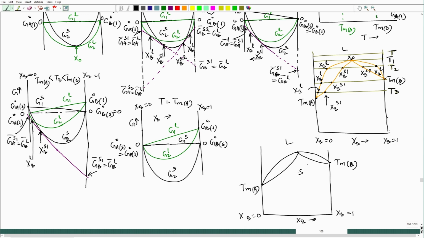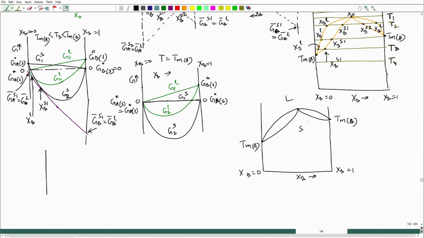Now, if I go farther down, let us say I am going to temperature T4, which is below TmA. The plot would be, so TmA, T equal to T4 less than TmA. If I take G this way, XB equal to 1 and XB equal to 0 on the other side.